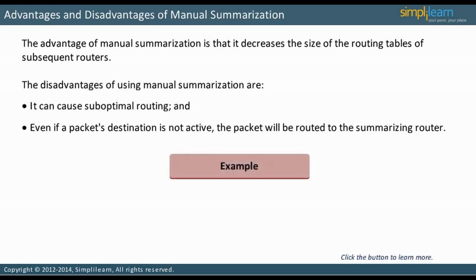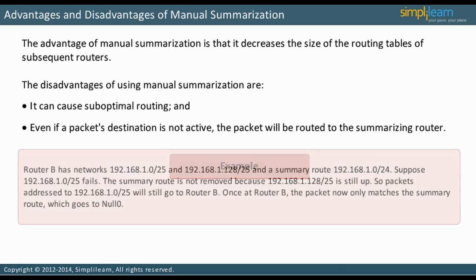Click the button to view the example. Router B has networks 192.168.1.0/25 and 192.168.1.128/25 and a summary route 192.168.1.0/24. Suppose 192.168.1.0/25 fails.